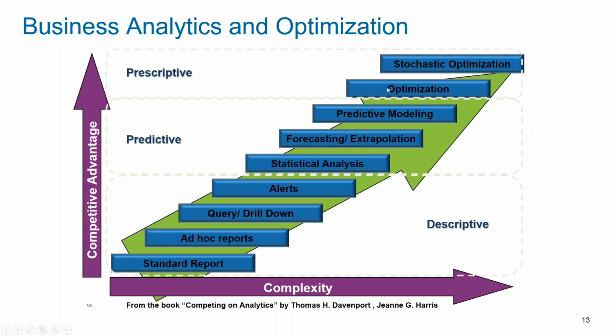This doesn't mean that you cannot apply optimization without all this. Okay, so you can jump and do optimization projects and stochastic optimization. I bet you are doing some predictive modeling, forecasting, statistical analysis, and of course you have built within your DB, your warehouse, SQL and standard reporting and alerts. Again, there is no reason to have all this to move to optimization.